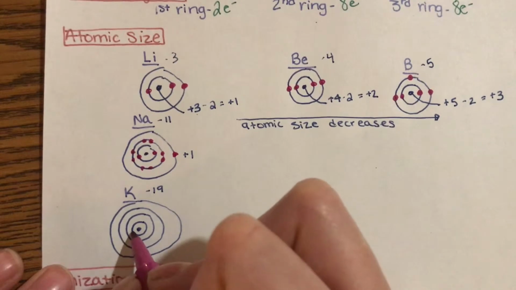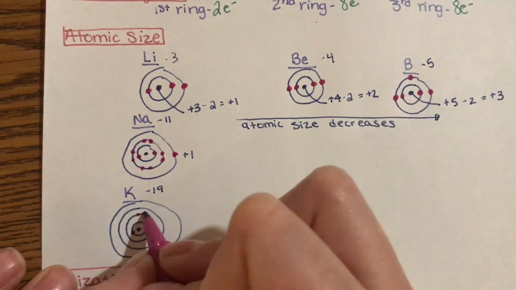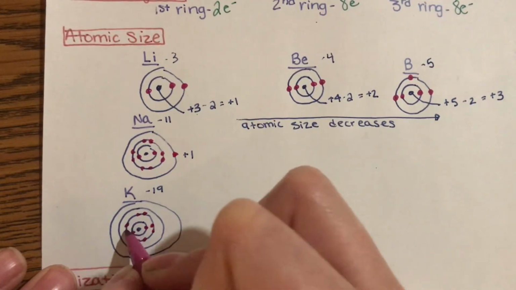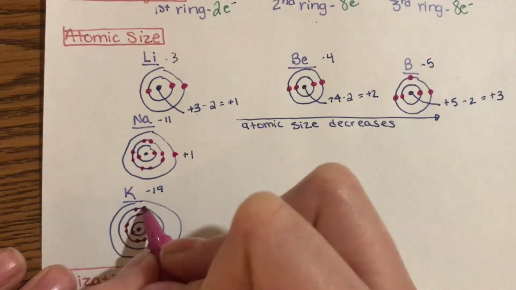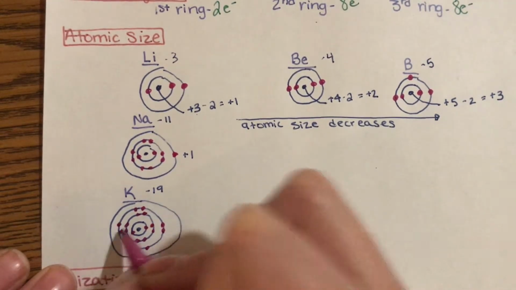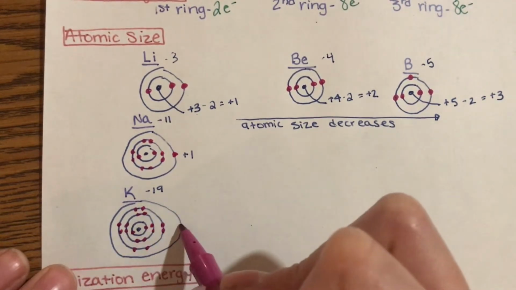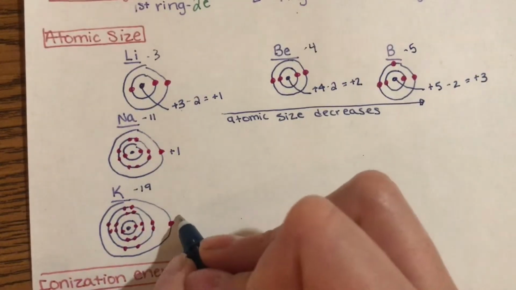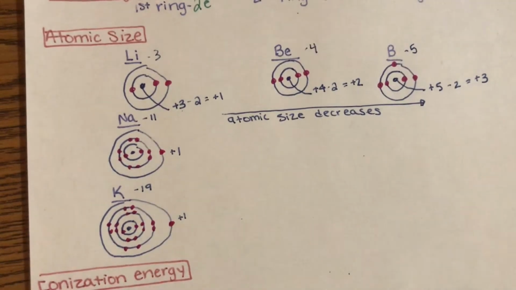I'm going to put 2 electrons in my first ring, 8 in my second. So I'm up to 10 right now, so I'm going to do 8 in my third. And so I'm up to 18, so I'm going to do 1 in my fourth ring. So here, this again only feels a +1 charge from the nucleus.